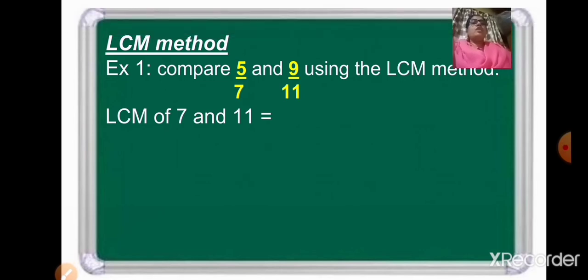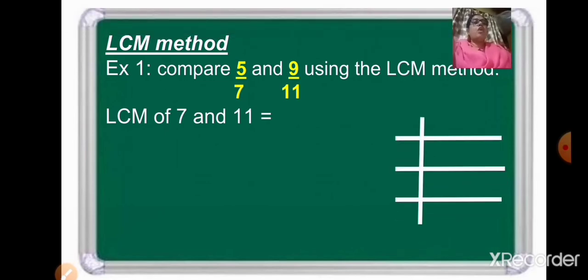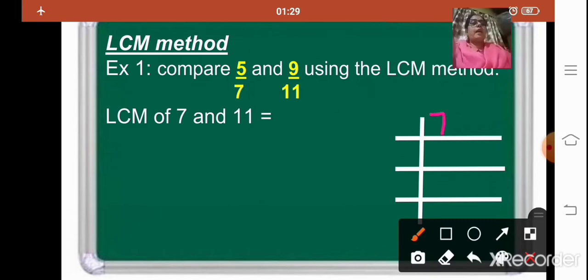You have already learned how to find the LCM of two numbers. So we'll write here 7 and then 11. First we will find the LCM of 7 and 11. Now 7 is a prime number, so it is divisible only by the number itself. 7 ones are 7.